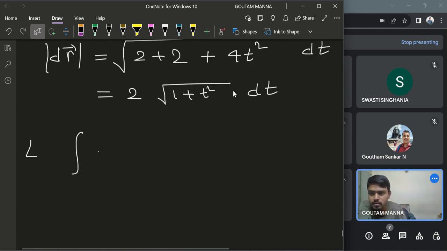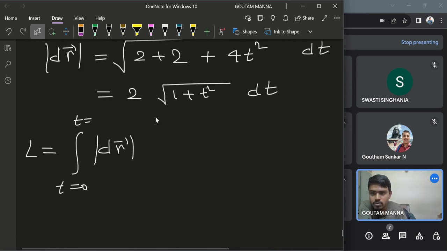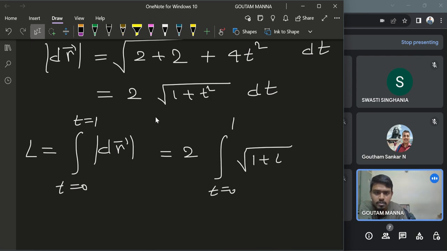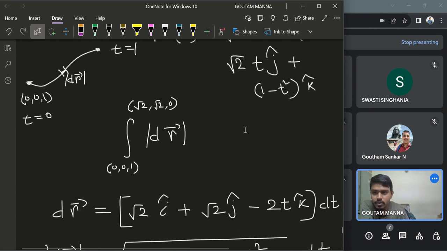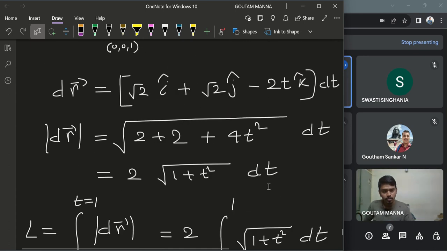The length will be the integral of mod dr from t equals 0, where you are at this point, to t equals 1, where you are at that point, of 2 root of 1 plus t square dt. You are changing t and adding all these small components. That's the integration, and you have to integrate this. These line integrals will be discussed next week or the week after.